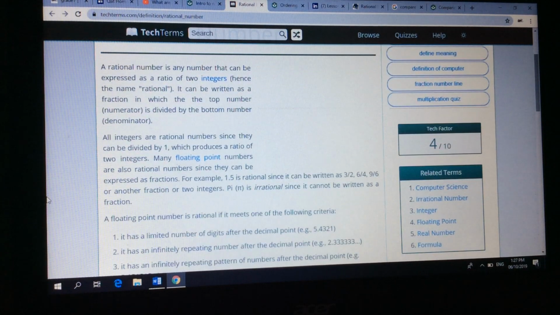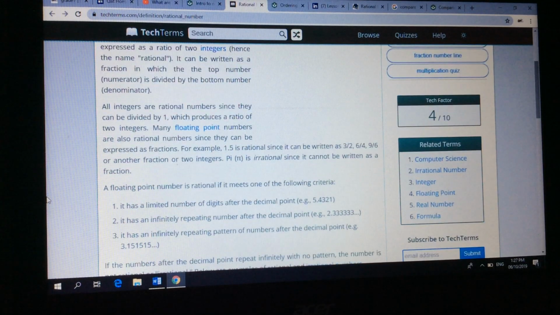Many floating point numbers are also rational numbers since they can be expressed as a fraction. For example, 1.5 is rational since it can be written as 3 over 2, or 6 over 4, or 9 over 6, or another fraction of two integers. Pi is irrational since it cannot be written as a fraction.